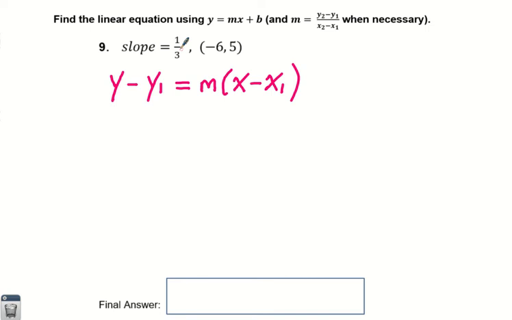And so I'm going to use point slope form. Get it? This is called point slope form because what you plug into it is a point and the slope.